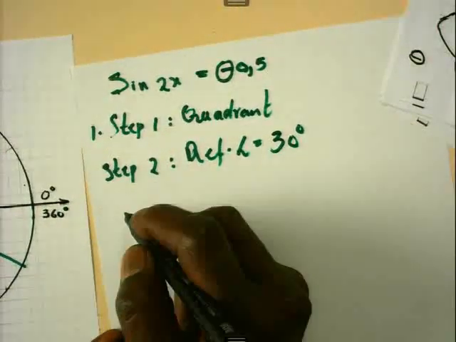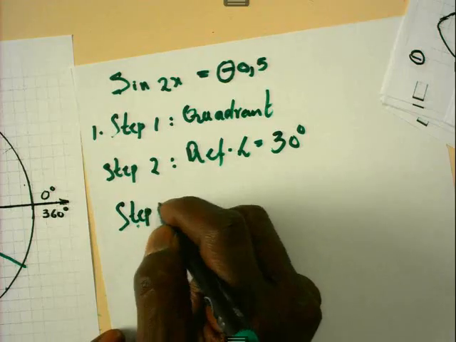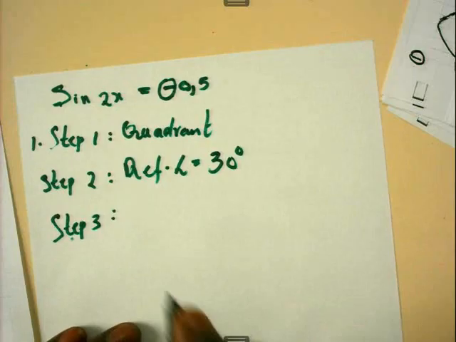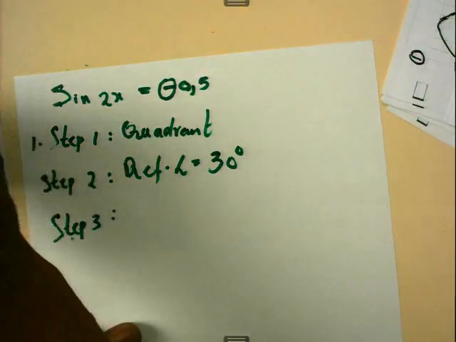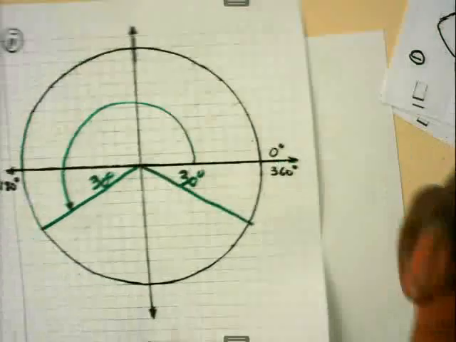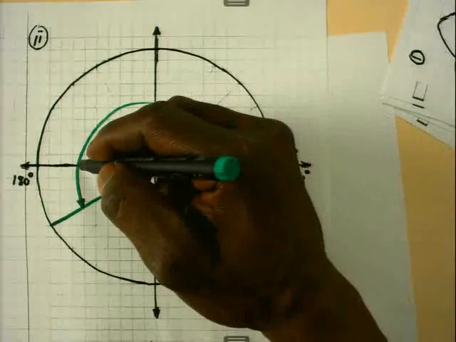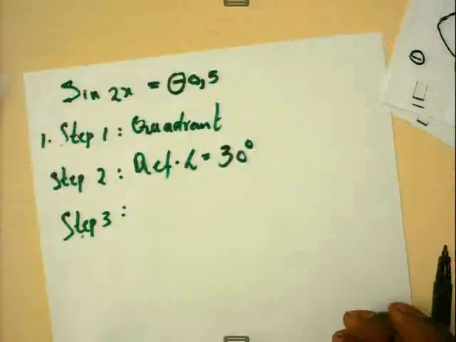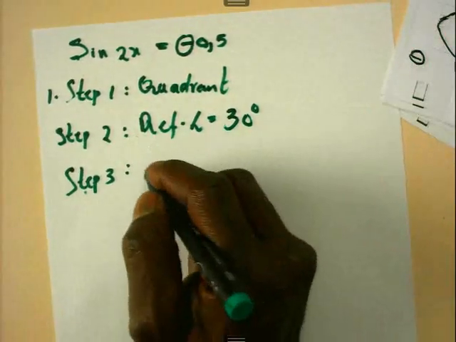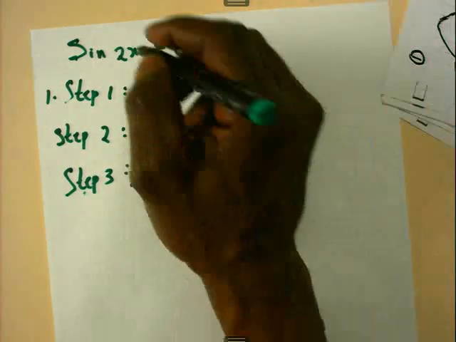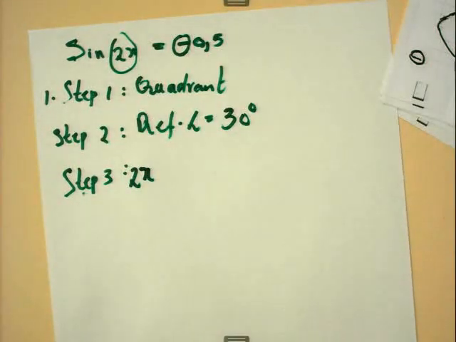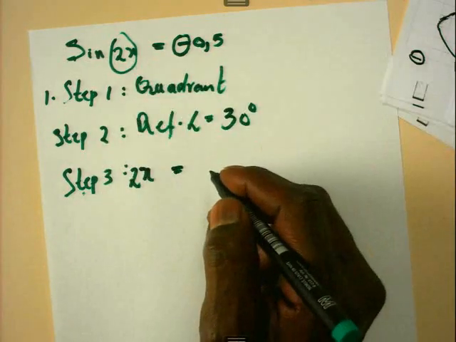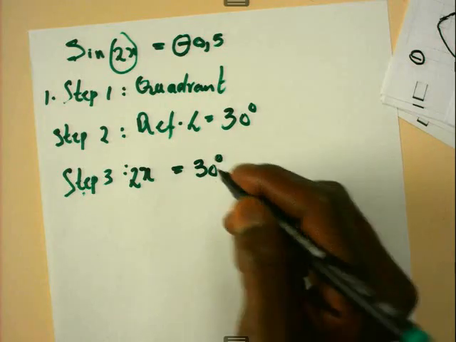Okay, now step 3 will be the solution. We know from here up to there is 180 degrees, but now we must add another angle there. So the solution will be, in this case we are having 2x, not x. 2x will be equal to 30 degrees.